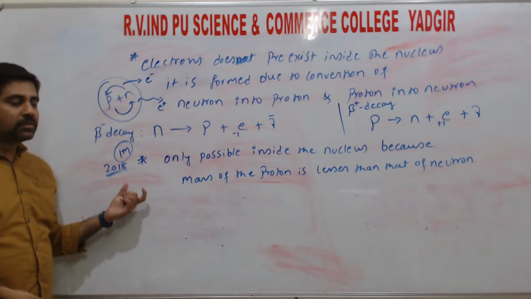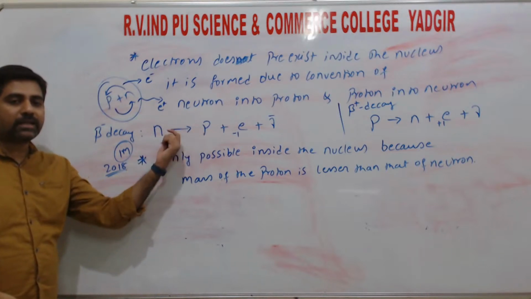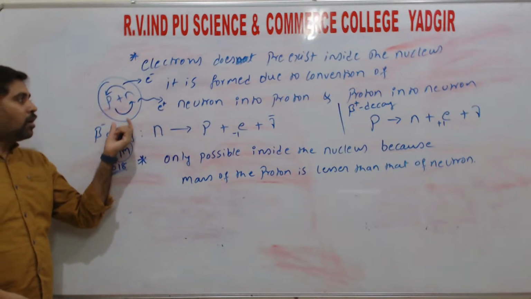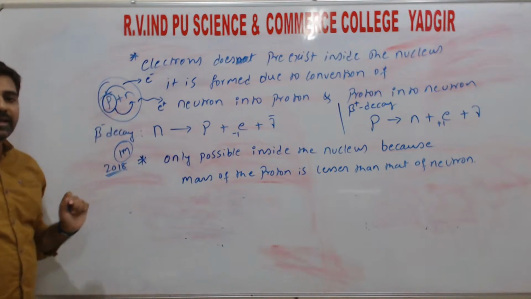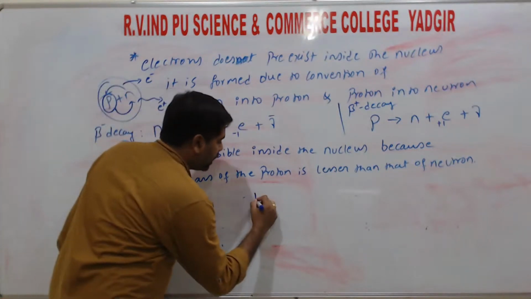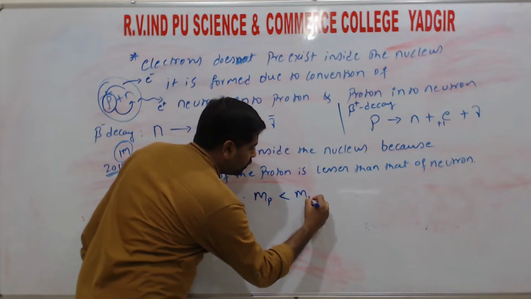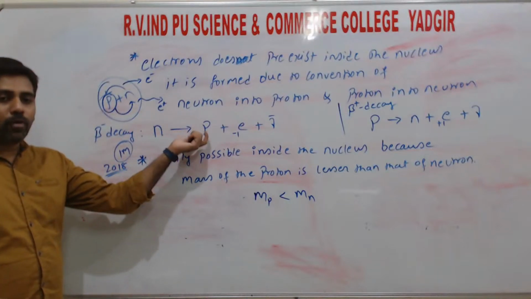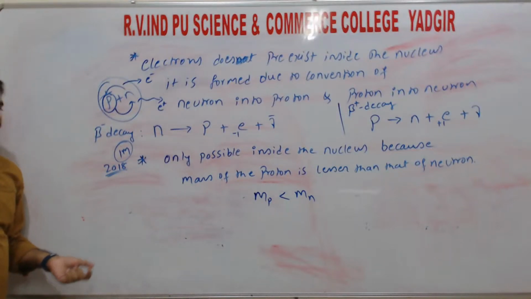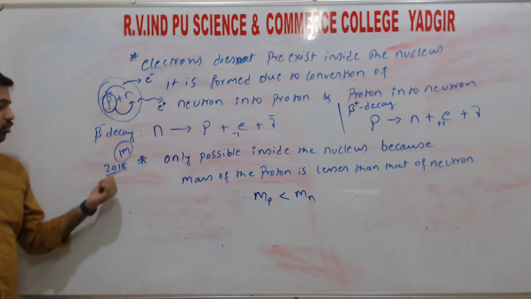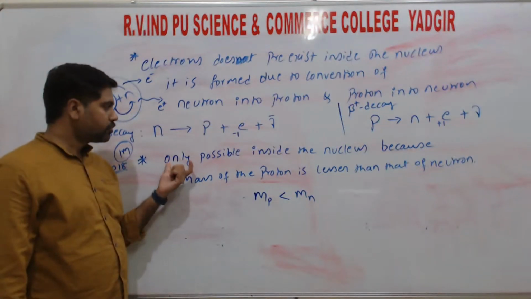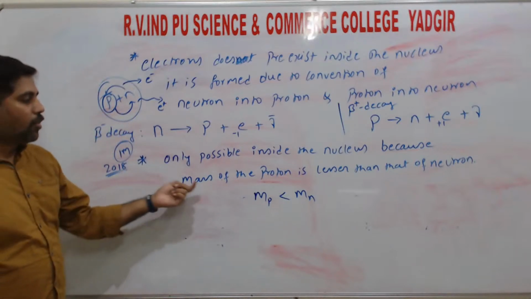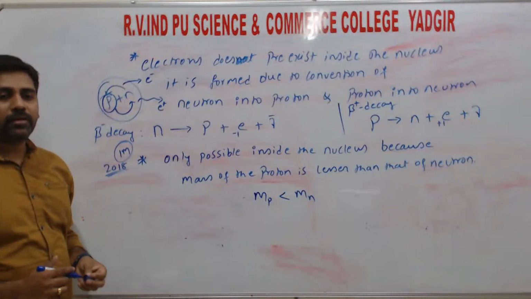So the next reason is why the neutron and proton decay. For that, the reason is it takes place only inside the nucleus because the mass of the proton is less than the mass of the neutron, right? So this is asked for 1 mark in 2018.